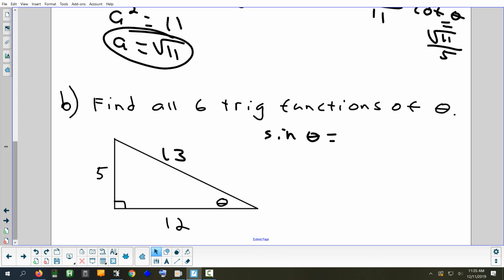So no flipping or fixing anything like that. What's my sine? 5 over 12. Cosine? 12 over 13. And my tangent?